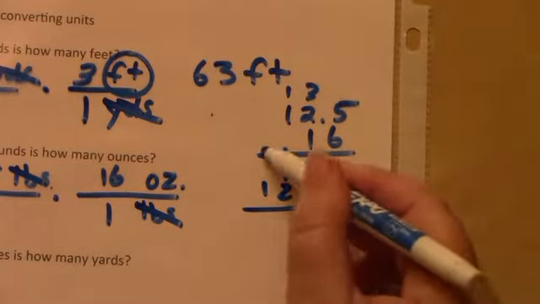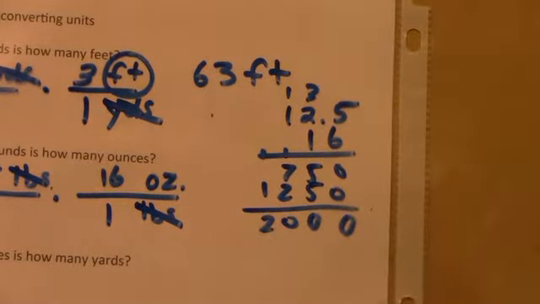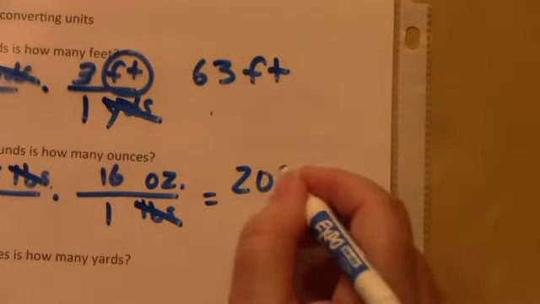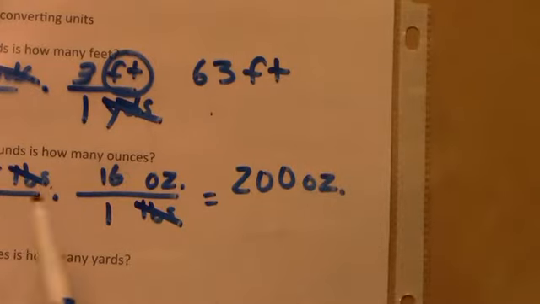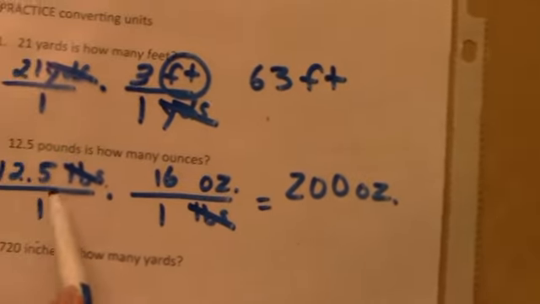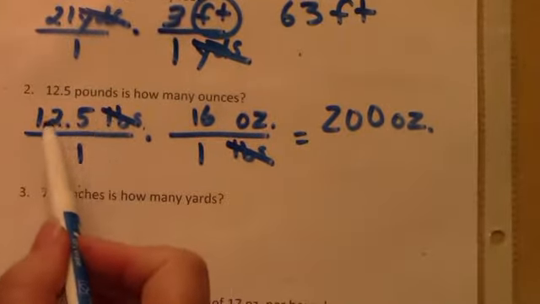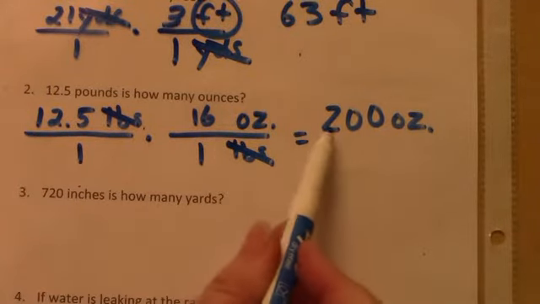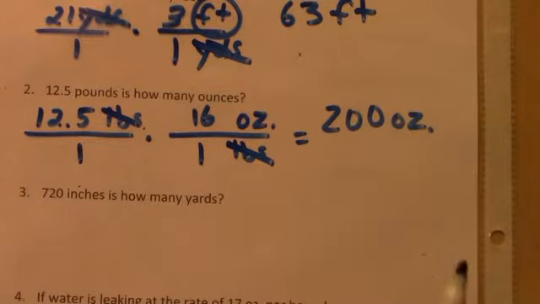Now, it looks like I have 2,000, but I have this one decimal, so that equals 200. 200 ounces. 12 and a half pounds is what we started with, and it equals 200 ounces.